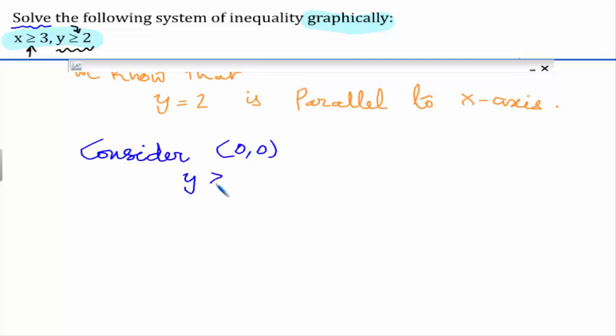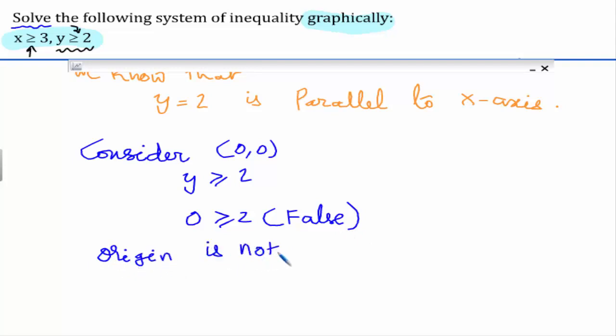The given inequality is y greater than or equal to 2. If I substitute y value, 0 greater than or equal to 2, which is a false statement. So that means origin is not included in the region.